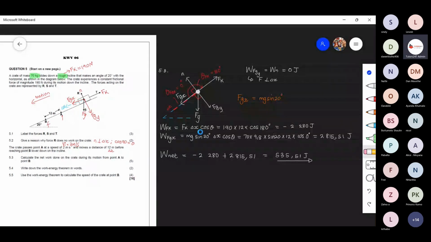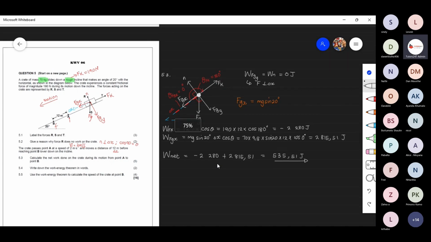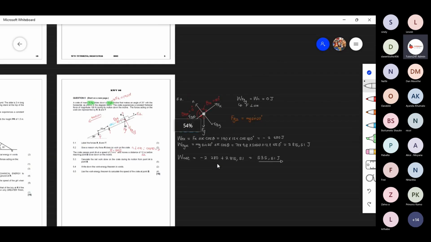Question 5.5: use the work energy theorem to calculate the speed of the crate at B. So now we need to calculate the final velocity, which is the velocity at point B. Something quite nice about this question is that we have already calculated work net. So all we now need to do is calculate change in kinetic energy. So let us actually go and do that.